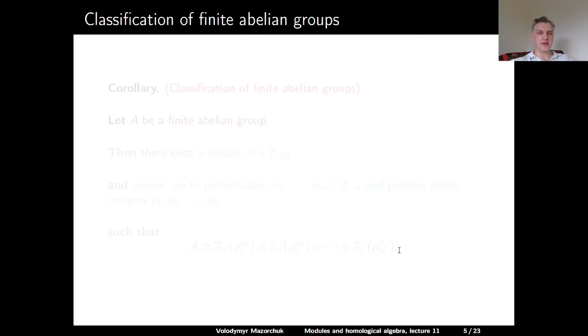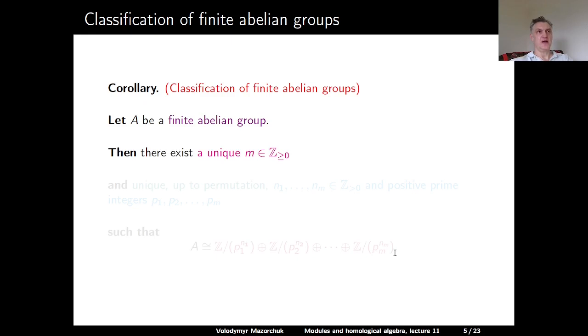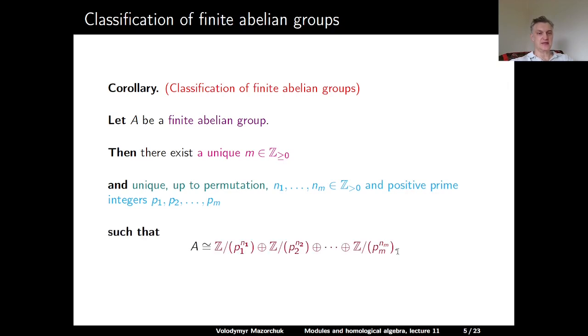And as a corollary, we can even classify all finite abelian groups. So if A is a finite abelian group, then there exists a unique non-negative integer m, and unique up to permutation positive integers n1 and so on to nm, and positive prime integers p1 and so on to pm, such that A is isomorphic to the direct sum of cyclic groups of orders p1 to the power n1, then p2 to the power n2, and so on, pm to the power nm.